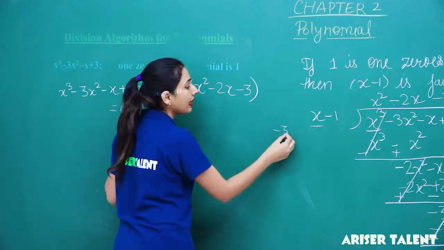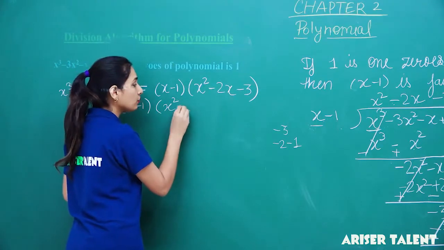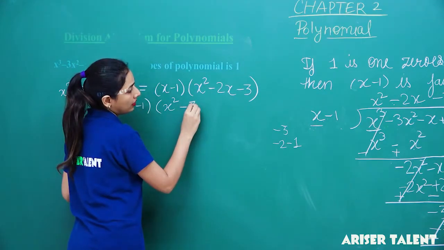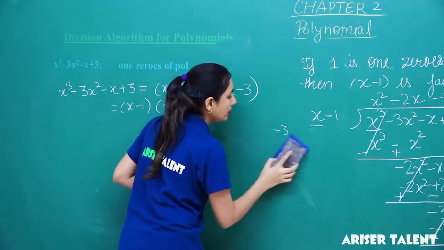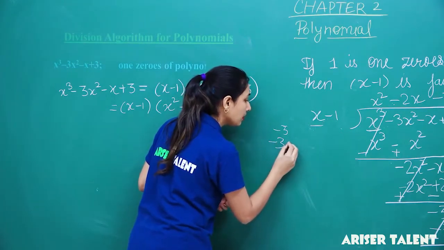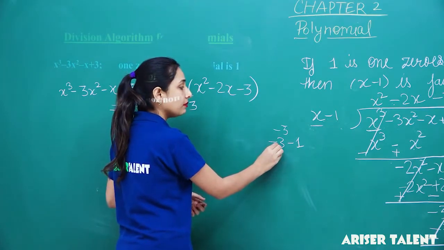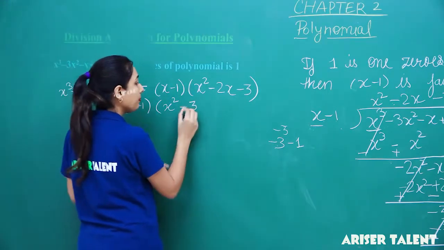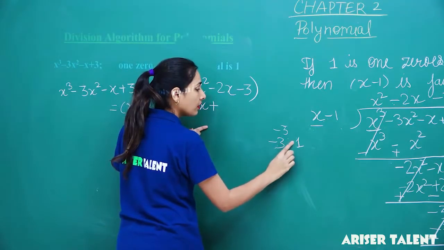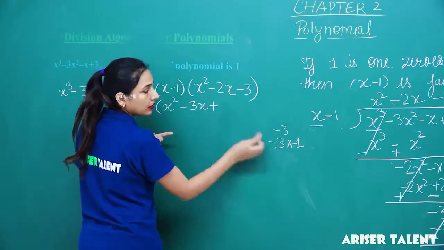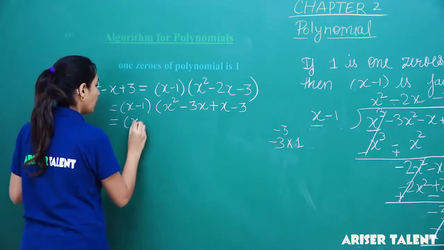How can I write minus 2x? As minus 3x plus x, because minus 3 and 1 give minus 3 as a product. So it will be x square minus 3x plus x minus 3.